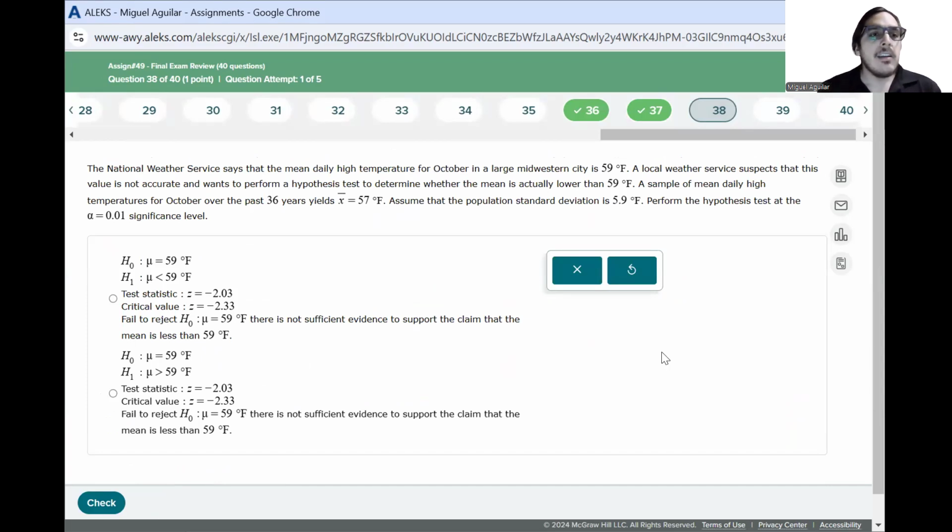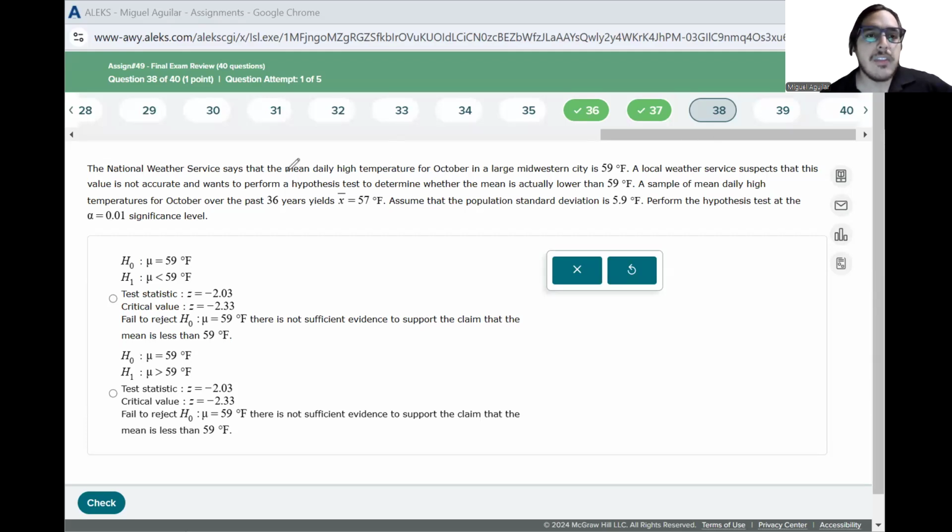It says, the National Weather Service says that the mean daily high temperature for October in a large Midwestern city is 59 degrees Fahrenheit. So I'm going to go ahead and just highlight some stuff as I read, just so that I don't get fatigued.